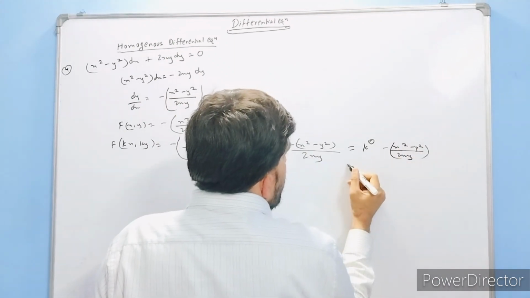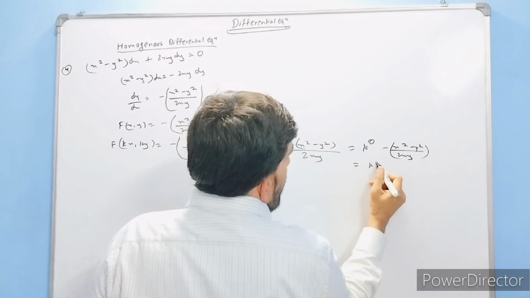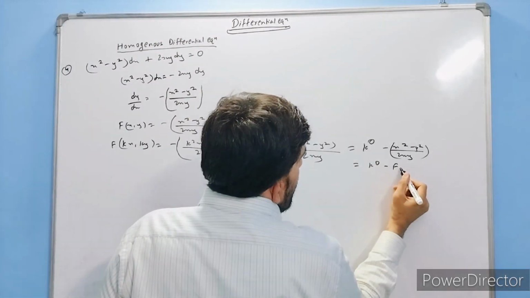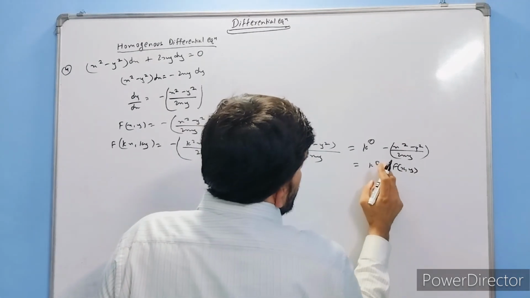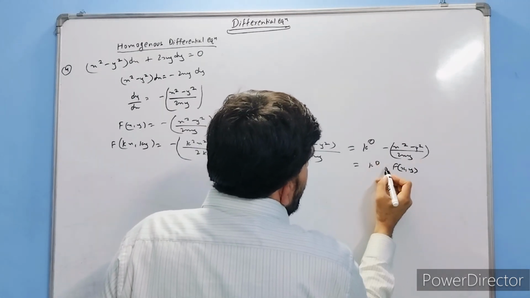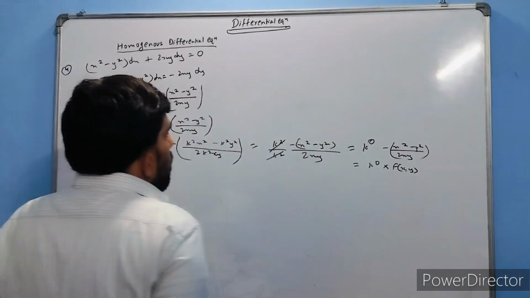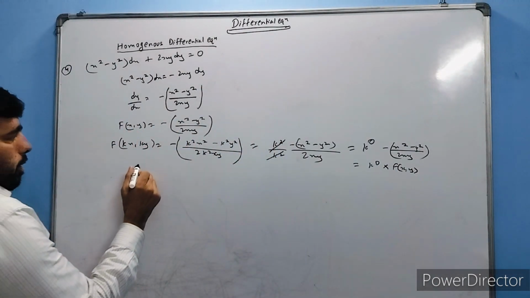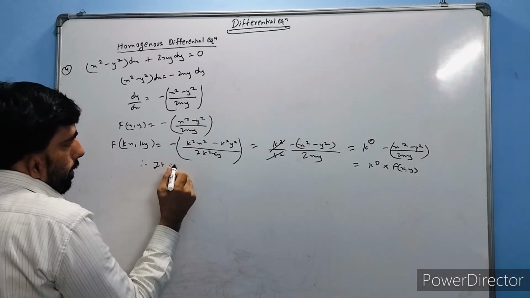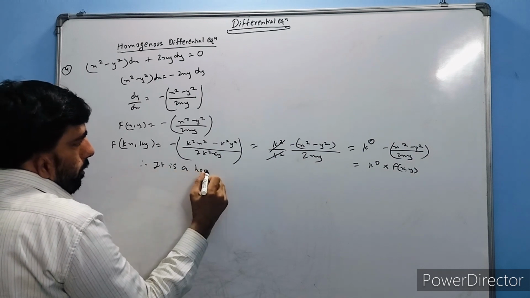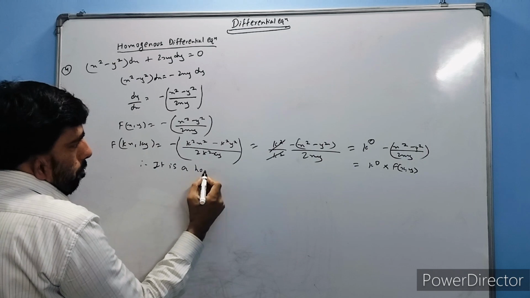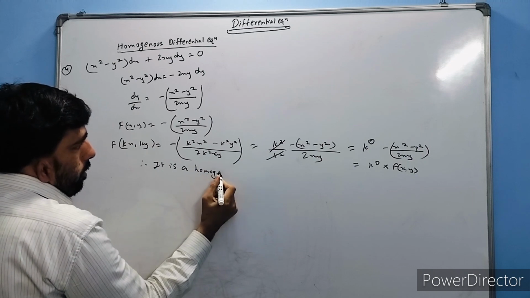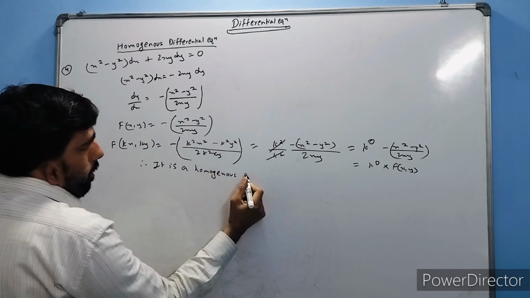So I will get k to the power 0 into minus f of xy. Okay, this is f of xy. So I can say, therefore, it is a homogeneous differential equation.